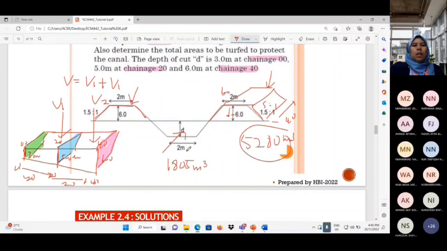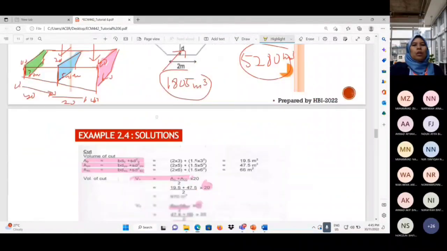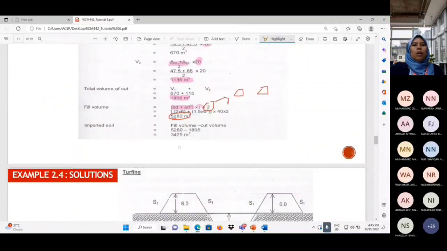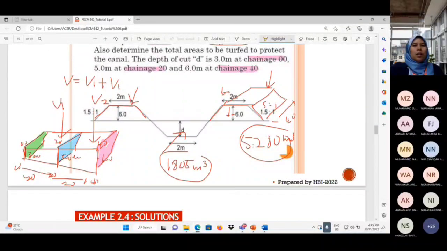So of course tanah yang you korek tak mencukupi untuk you buat dua embankment ni. Okay, so berapa tanah yang perlu you import? So that is the idea. Imported soil. So you tolak lah. 5280 tolak 1805, you will get the value imported soil. So that is the tanah yang you akan cari.